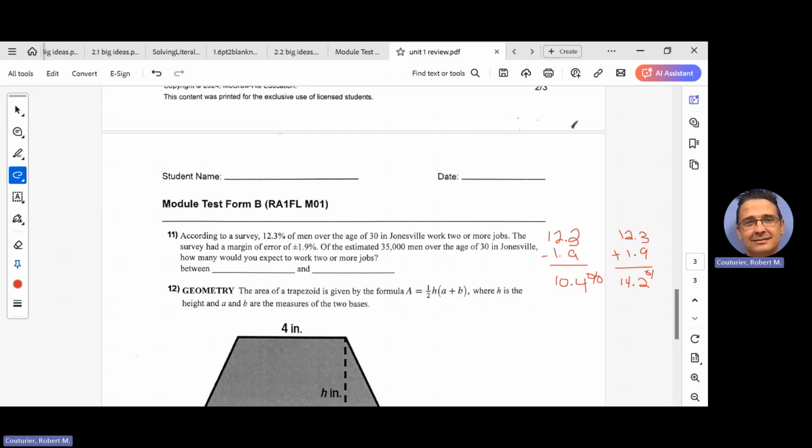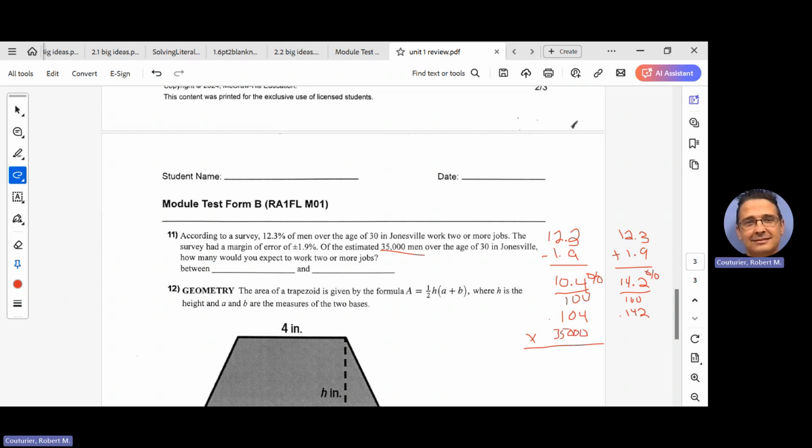We have a button on our calculator that will auto convert it for us. Second, just divide this by 100. 0.104, divide this by 100. Gives you 0.142. And the only thing left is we have to multiply this times 35,000.